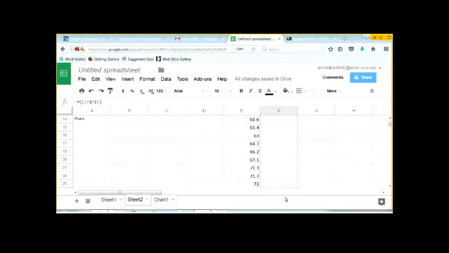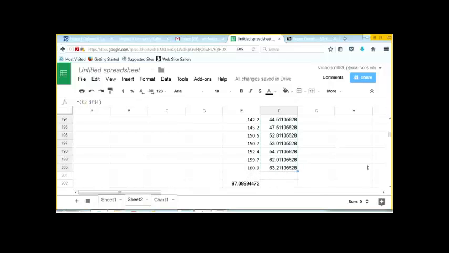Yep, went too far. Make sure you don't go too fast. I'm watching the row numbers, so I know when to slow down, so I don't overshoot it too much here. Okay, so there's the deviations.